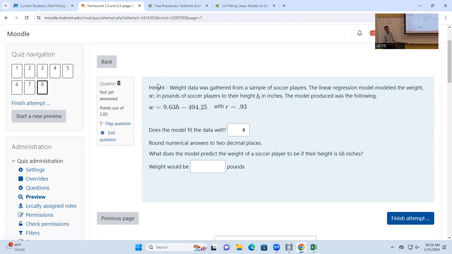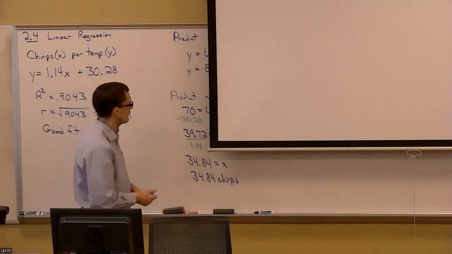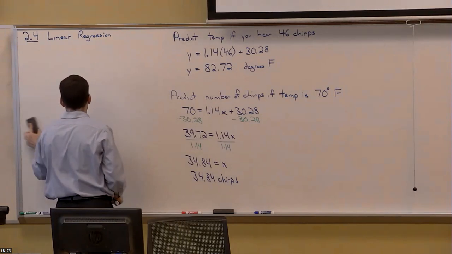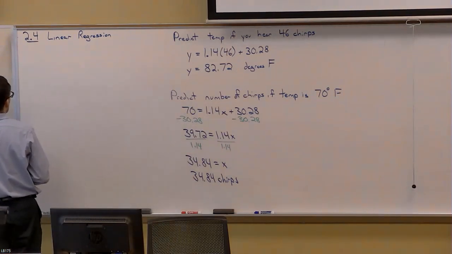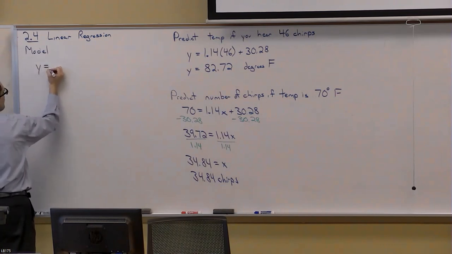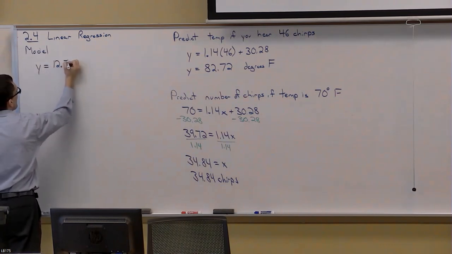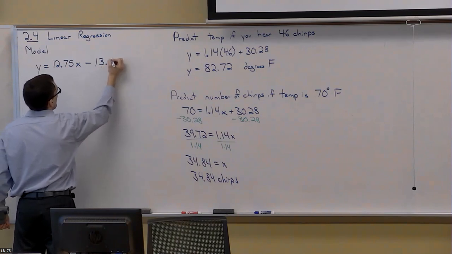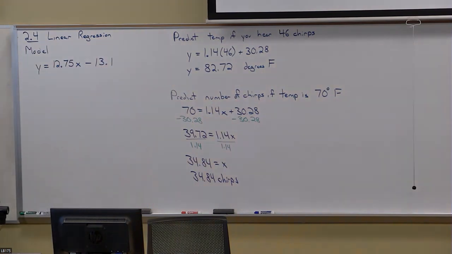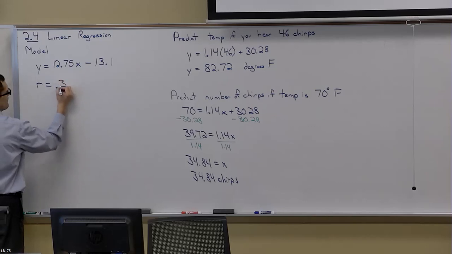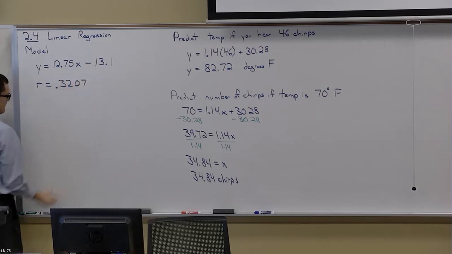Now, even if the model is a bad fit, so let's say I have a model that is y equals 12.75x minus 13.1, and it has an R value of 0.3207.